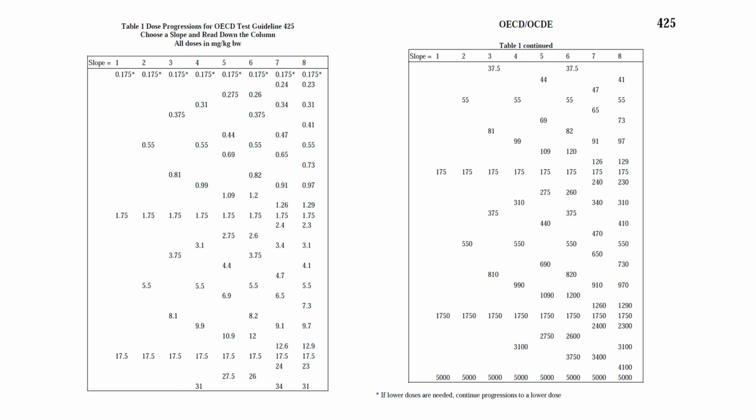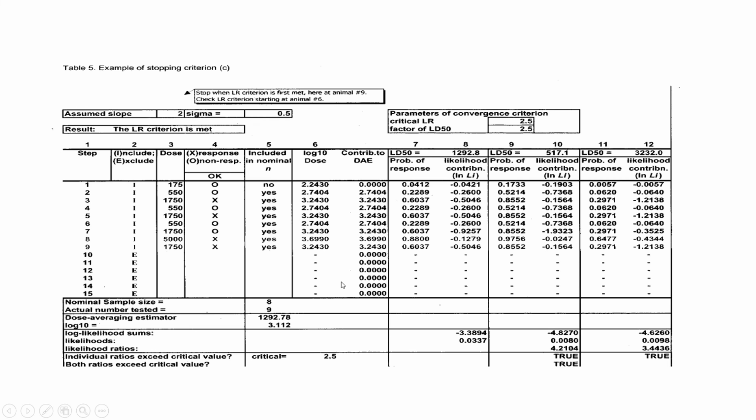So we have to choose at least 1 or 2 while we are conducting the study. Or if the drug is more toxic, then we can choose slope 3, 4, 5, 6, 7, 8. The progression factor is always 3.2.